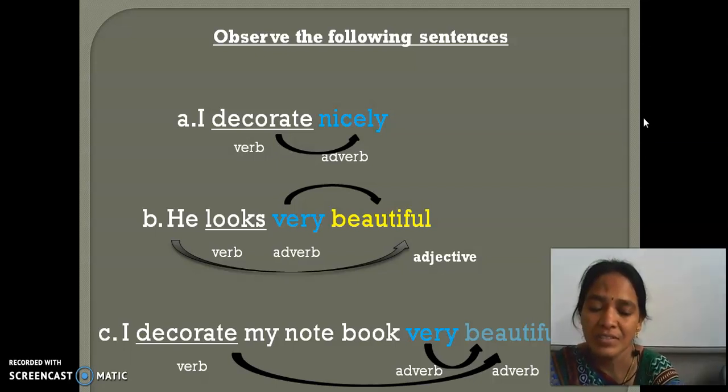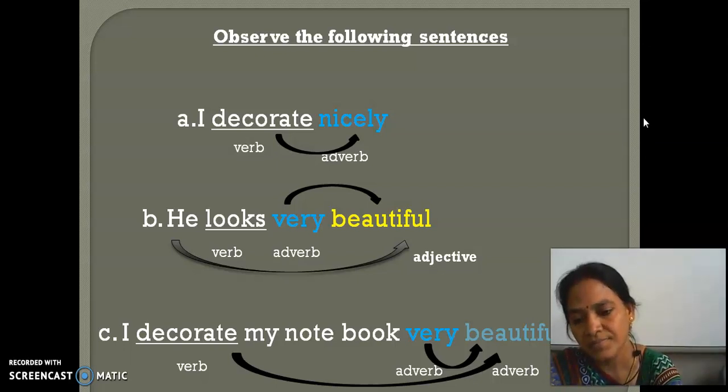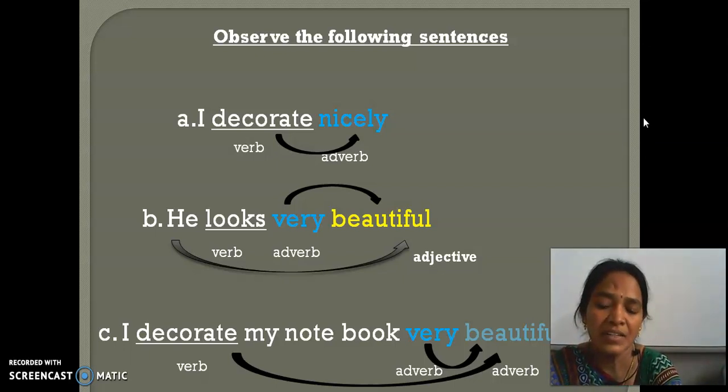Now just underline your verb. Yeah, underline your verb. What is the verb here? Decorate. What you are underlining is a part of it. But how are you decorating? Beautifully.